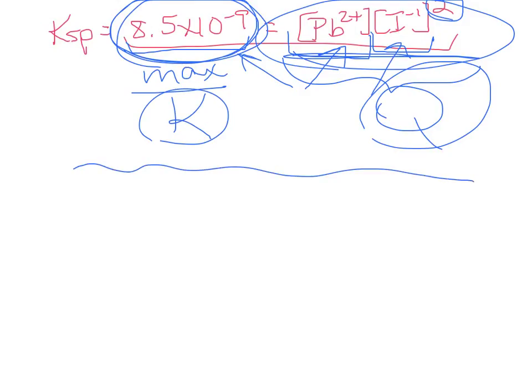How the heck do we figure out what the concentration of the lead ion and the iodide ion is? I want you to take a minute and go back and read the question slowly. And from doing that, you can tell that the lead ion, the source of the lead ion, comes from lead nitrate.